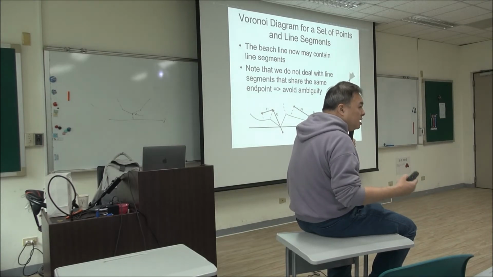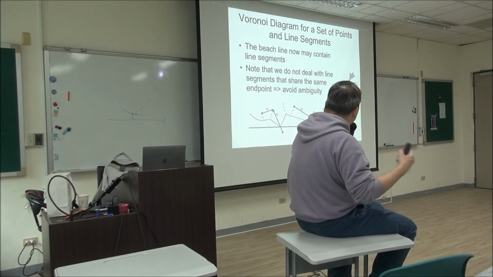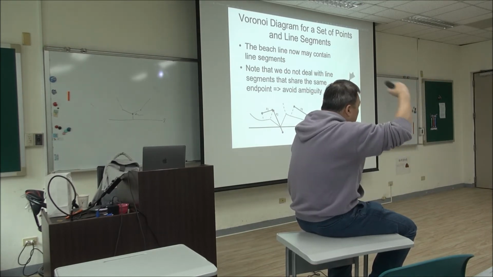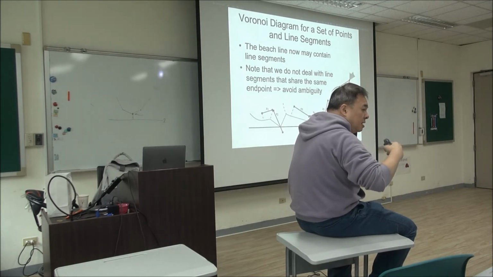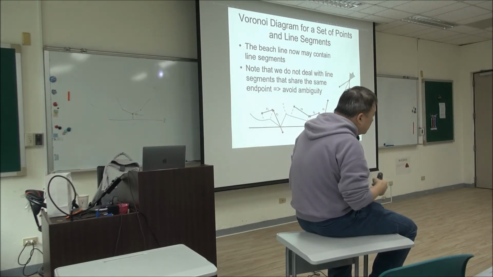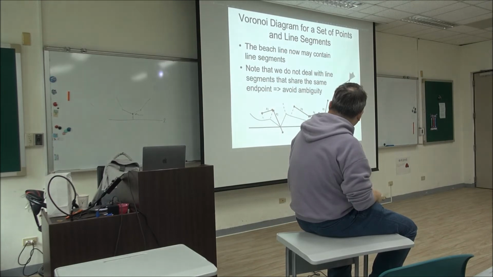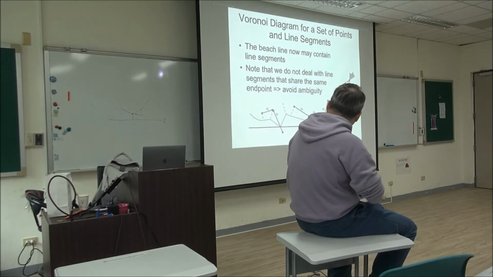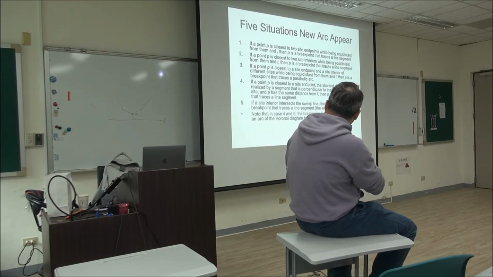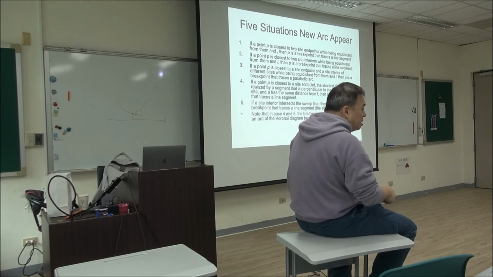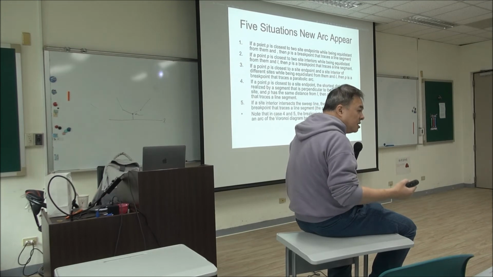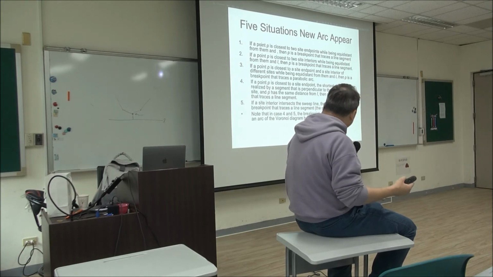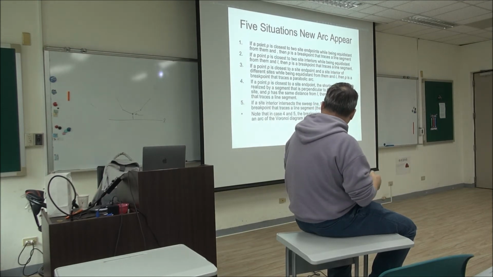We just need to add more cases to deal with in the algorithm. And each case can be handled in constant time. So it's not going to be an issue.